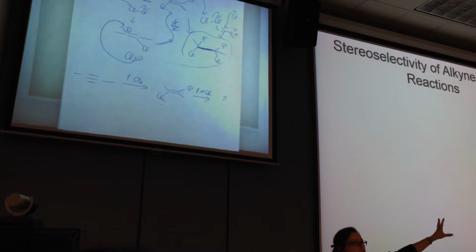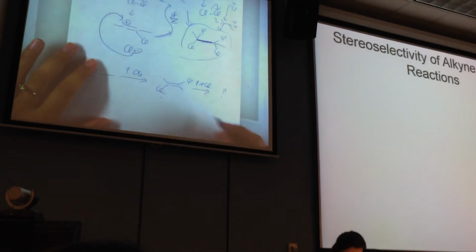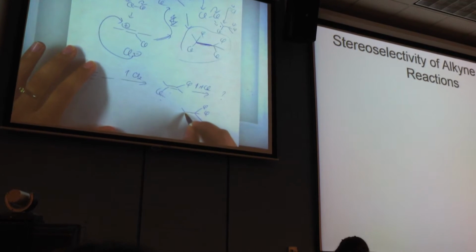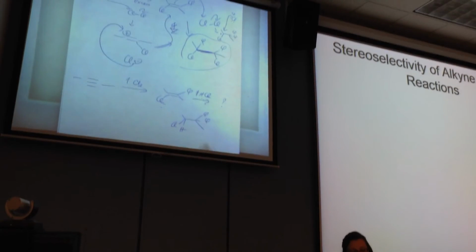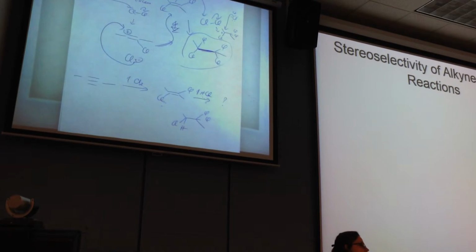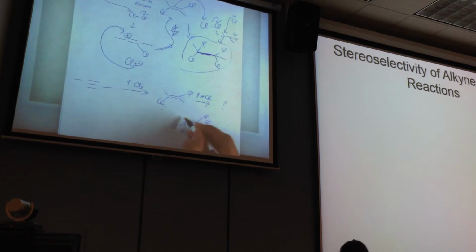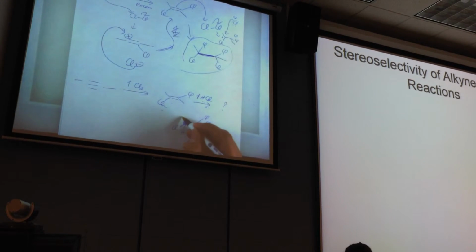Double bond plus HCl, right? So at the end we can make this Cl, hydrogen, right? At the end we'll end up putting chloride on one of these and then hydrogen on the other, and we made an asymmetric center, right? Right here. So there is an asymmetric center there.